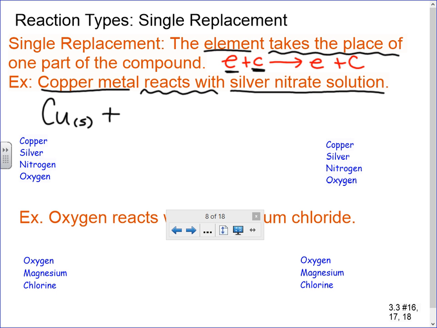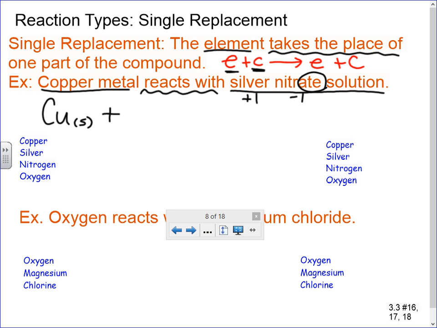So when I have a compound, I care what the charges are. Silver is +1, nitrate is -1. Nitrate is a polyatomic ion. I know that, in part, because it ended with ATE. If it ends with ATE or ITE, it's definitely a polyatomic ion.